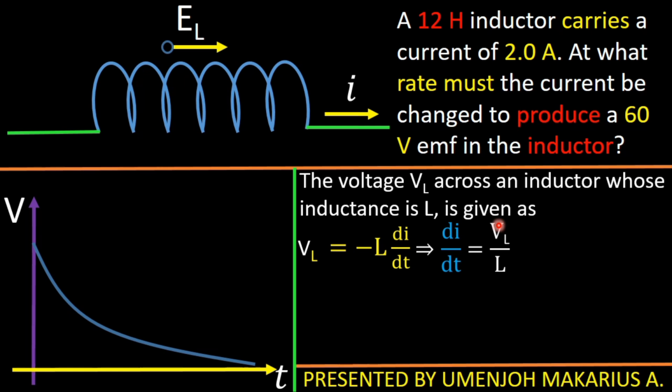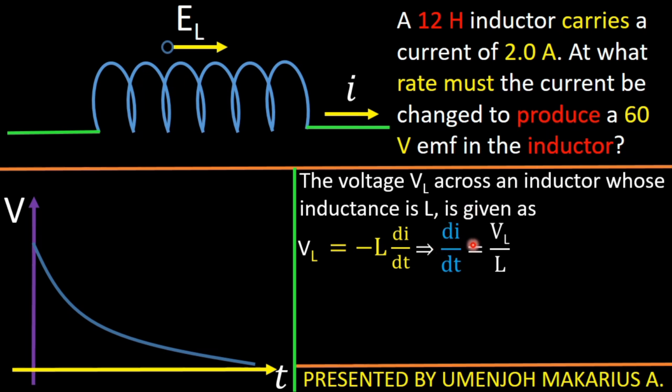So now, guys, what we have to do is simply that the potential difference across the inductor should be equal to 60 volts. The potential difference across the inductor has been given. So we are now interested in finding the rate at which the current will be changing, and that rate is simply di by dt.